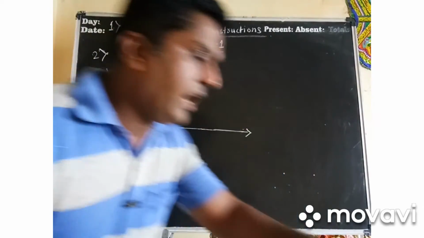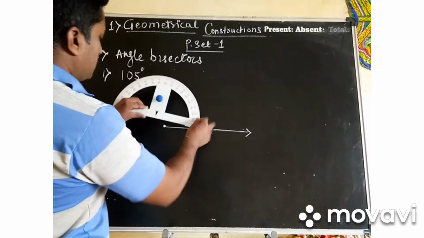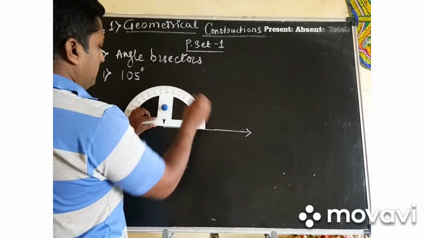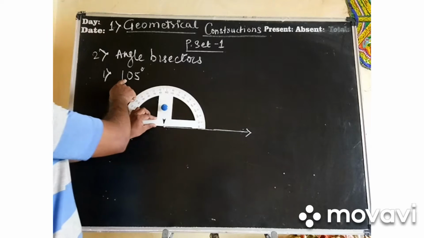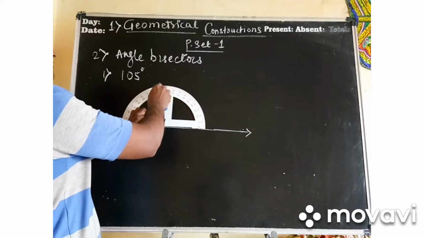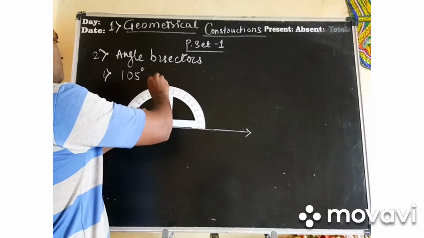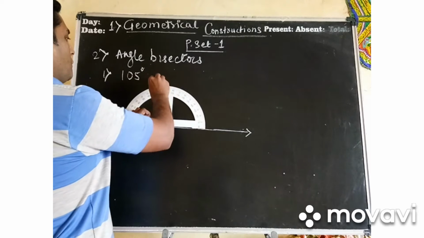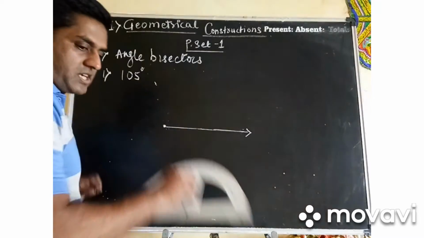Then I have taken a protractor in my hand and kept it here. Right everybody? I want 105, so start counting from inside. It comes here, approximately 105. So my marking of 105 has come here.